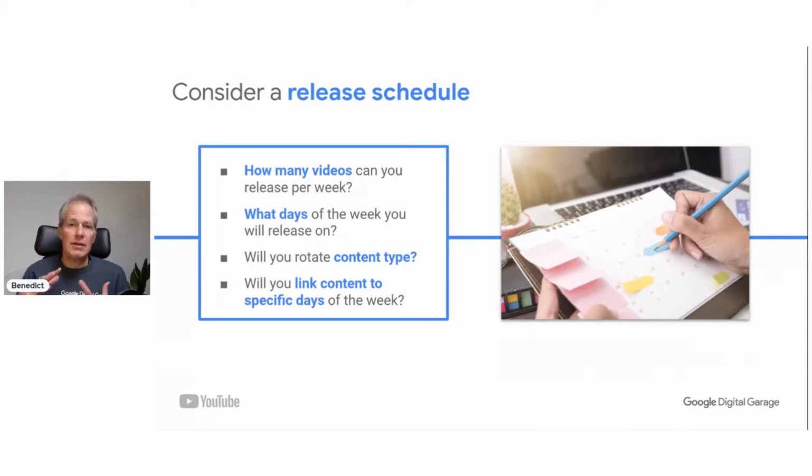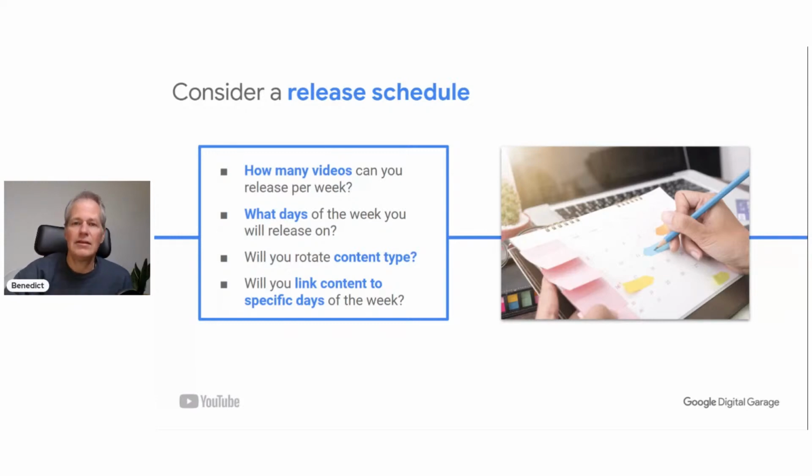Following on from thinking about the type of content, ask yourself, how many videos can you release per week? Don't be too ambitious here. What days of the week will you release on? Having a set number of recurring releases linked to specific days of the week will ensure that audiences know exactly when they can expect content to be posted to your channel. And they will often look out for that.